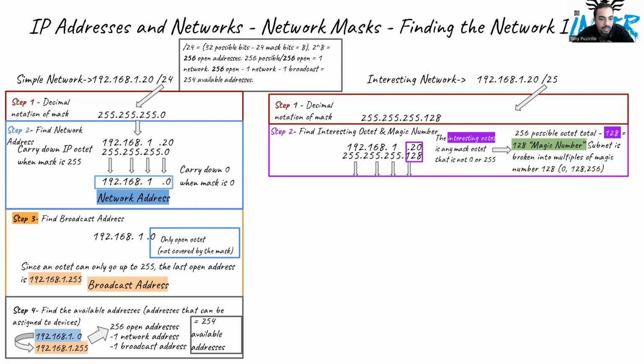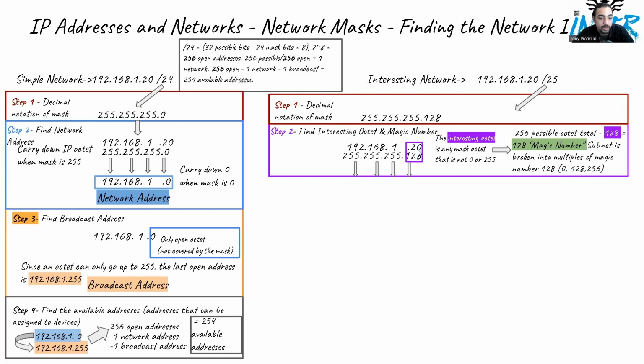So the interesting octet is any mask octet that is not 0 or 255, right? So 255, 255, 255, 128. So this is not a 0 and it's not 255. So in this case, we get the interesting mask octet number 128, right?